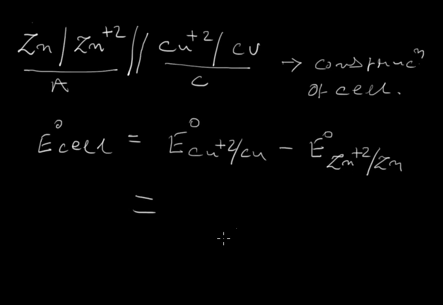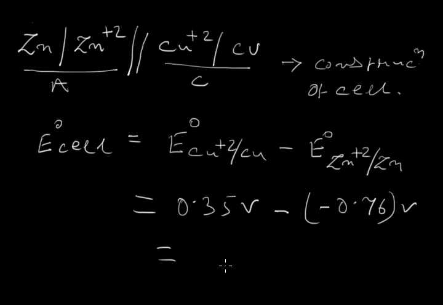The value of E0 Cu+2/Cu is 0.35 volt, and E0 Zn+2/Zn is minus 0.76 volt. So the value is 1.11 volt.